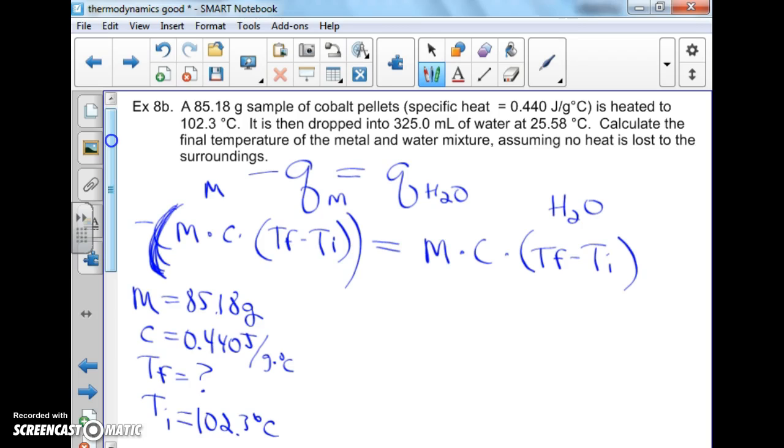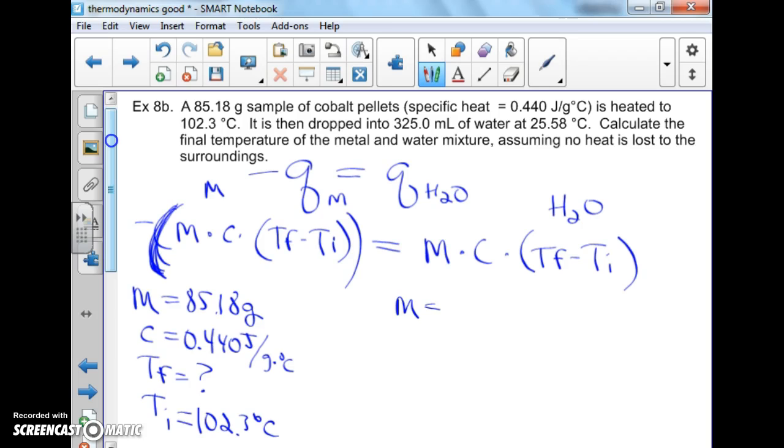Let's get the data for the other side. So mass equals. Now, do you see a problem that we have right now? Do I have the mass of water? I have the volume, yes. But remember what we know: density equals mass divided by volume. So I can solve for mass, density times volume would be the formula for solving for mass.